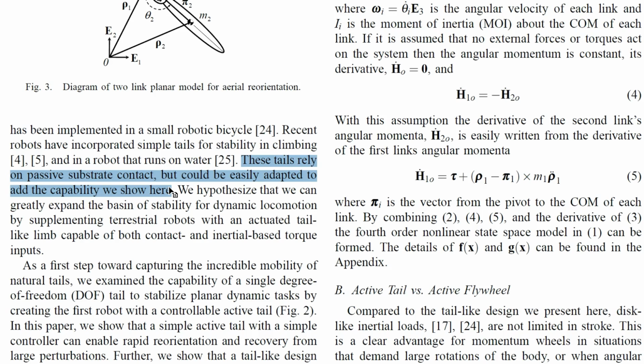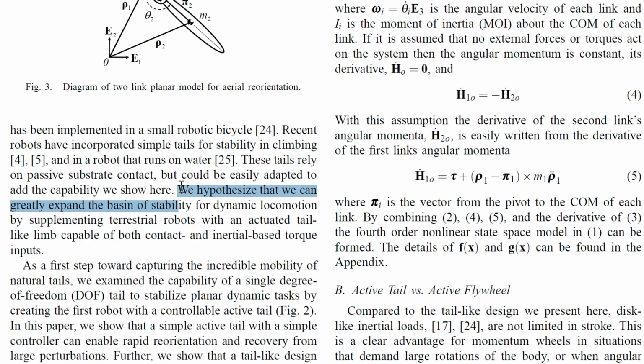These have tails and they do some of the balancing and stability that these researchers are trying to emulate, but it relies on passive contact, and they want to develop something that doesn't rely on contact. Something I would note to the student is that they use a hypothesis here.